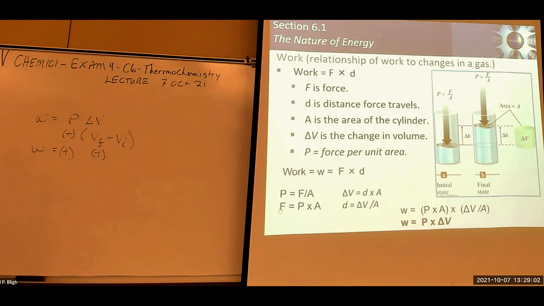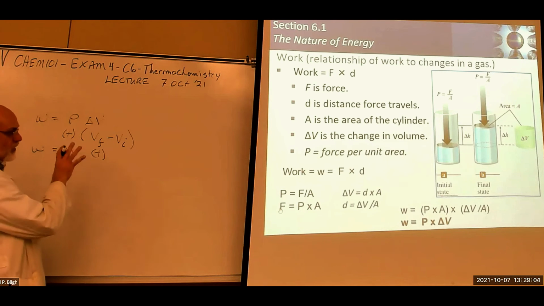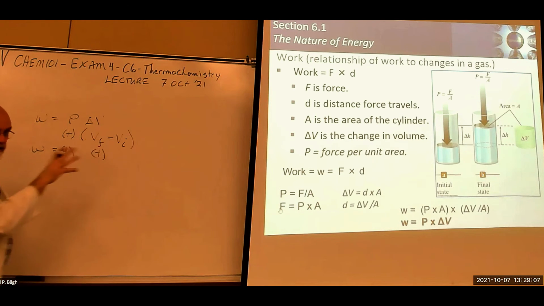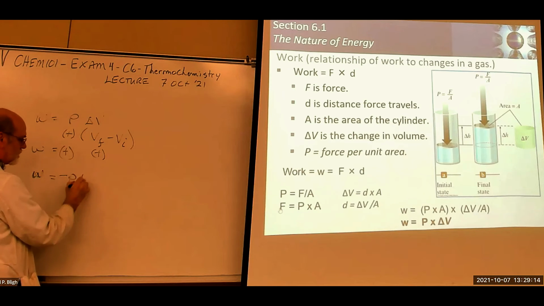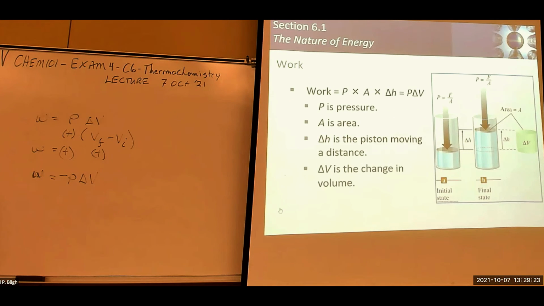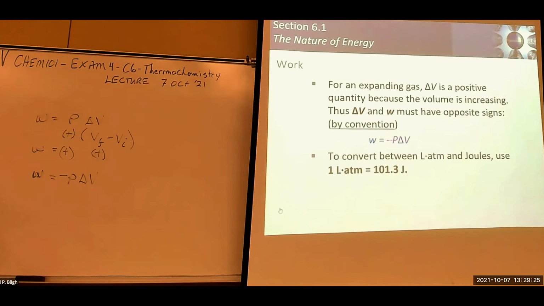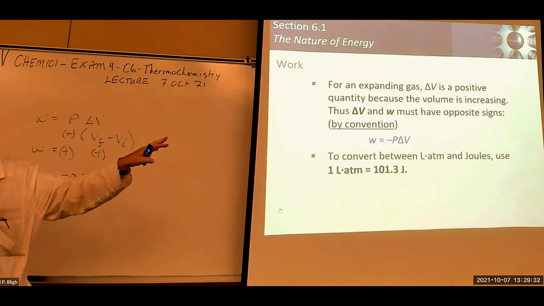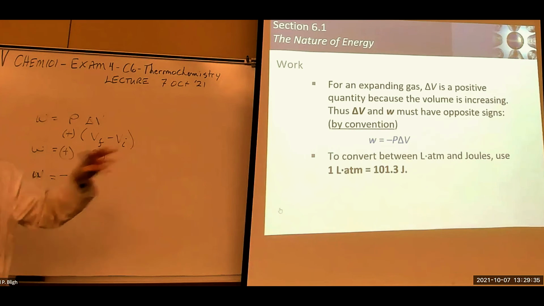We have to add a correction. So in terms of our system, W is equal to negative P delta V. That's our definition of work for a gas. Negative P delta V. Now, to be sure, in this scenario, we held pressure constant, but it doesn't have to be, right?